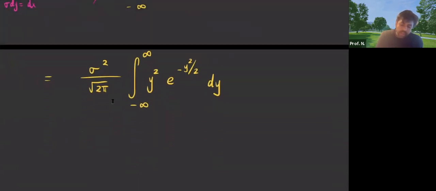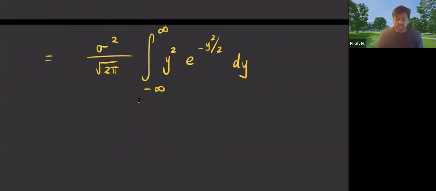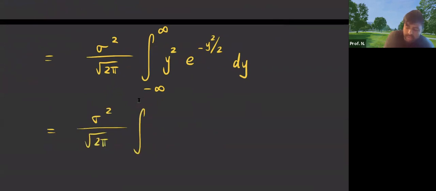At this point, a lot of this stuff, guys, is like reviewing integration. Like I said, integration now is going to be a huge thing, an essential part of these derivations and of evaluating probabilities. So I'm going to write this as y multiplied by y e to the negative y squared over 2 dy.